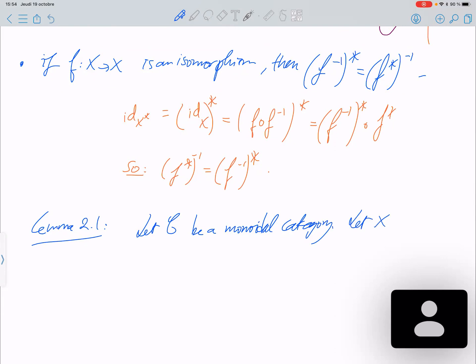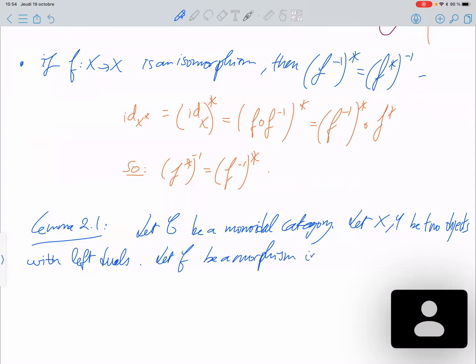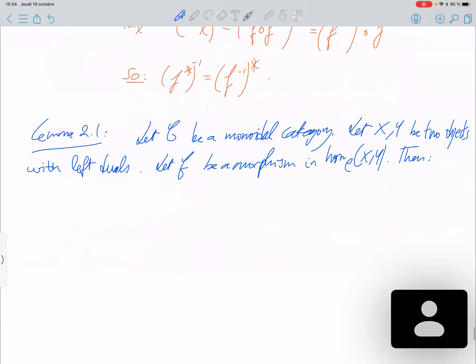Let x, y be two objects with left duals. Let f be a morphism between x and y.